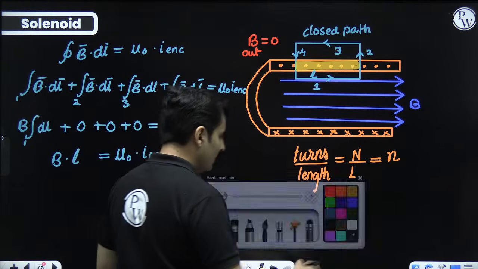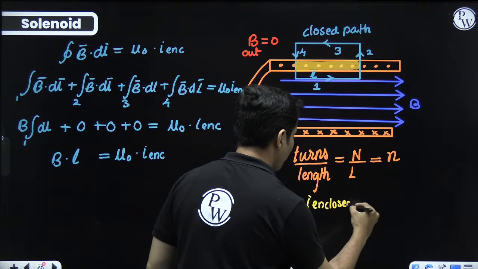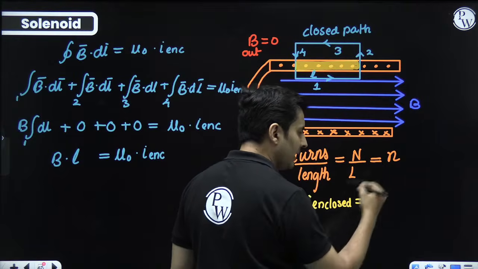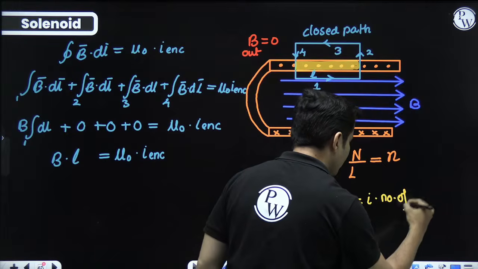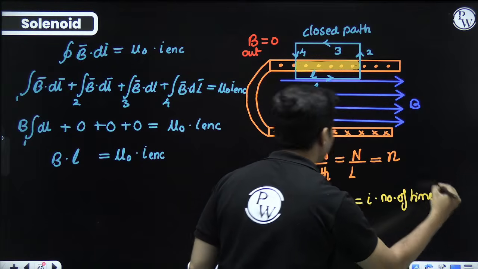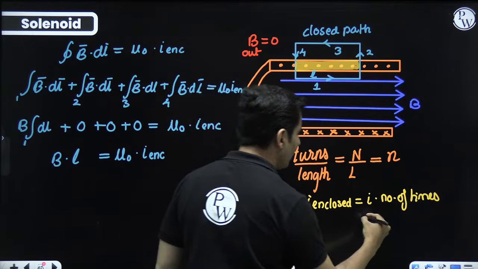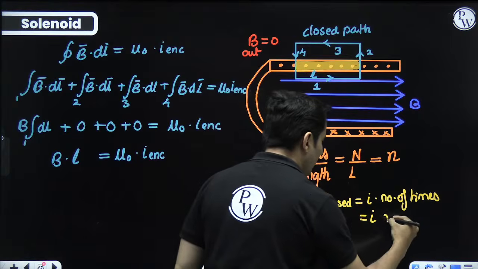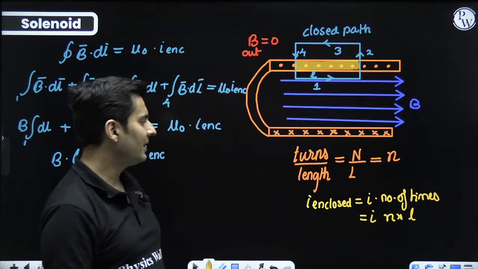If that is the case, then the enclosed current will be current I multiplied by the number of times it comes inside this particular area. How many times will it come? The number of turns per unit length multiplied by the length. Is that right?